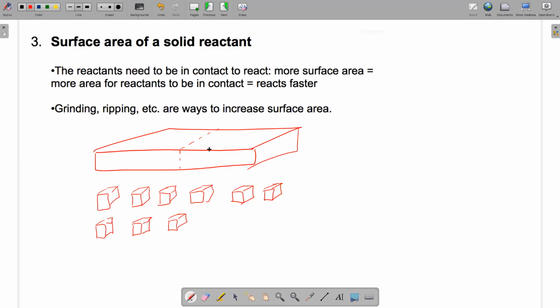As soon as that hits your stomach, it breaks open, and now it's a large surface area powder, and it's fast acting. It gets absorbed into your blood faster. That's not necessarily a chemical reaction, but the larger the surface area by grinding it up, the faster the rate ends up being. So with increasing surface area, reactants need to be in contact with each other. More surface area, more area for contact, faster reaction.